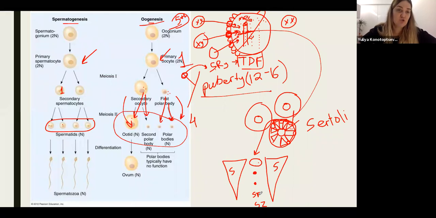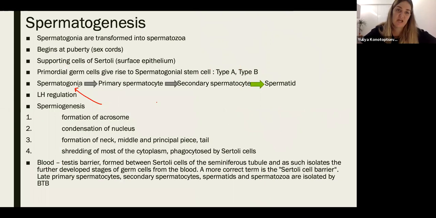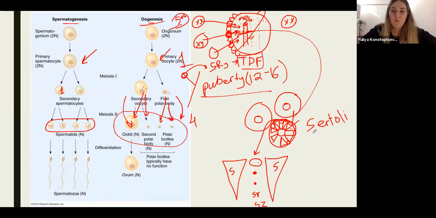Okay, so immature, mature. So there are 5 stages of spermatogenesis: spermatogonia, primary, secondary, spermatid, and eventually spermatozoa. Is that clear? Where does spermatogenesis happen? As you can see, it happens between two Sertoli cells.